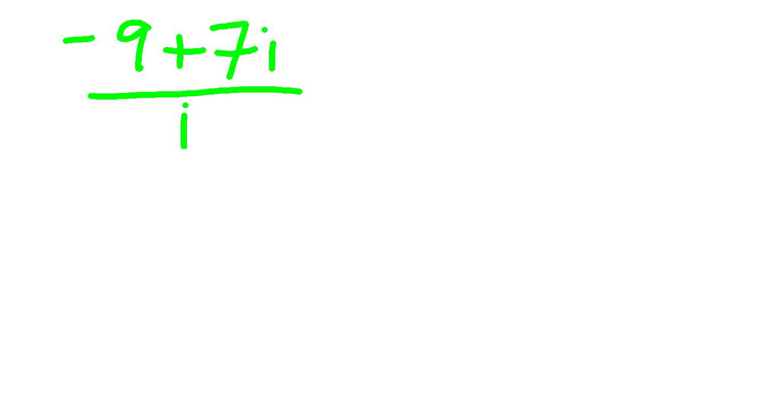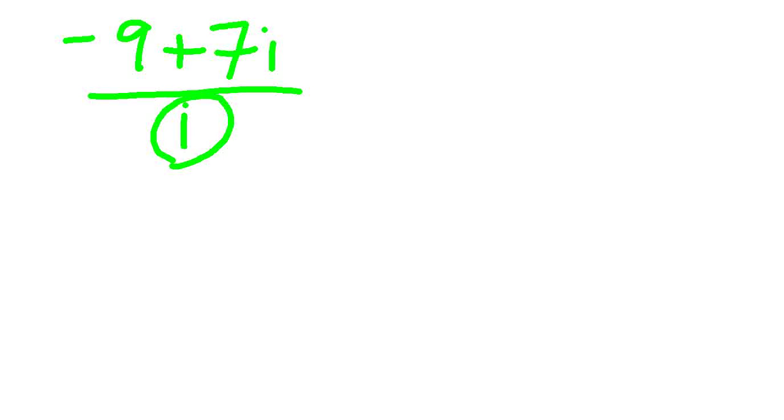Let's say you're given (-9 + 7i)/i, and you're told to simplify that expression. Once again, we need to get rid of the i's in the denominator. So what do we do? We could take a complex conjugate, but we really don't need to go to all that trouble.